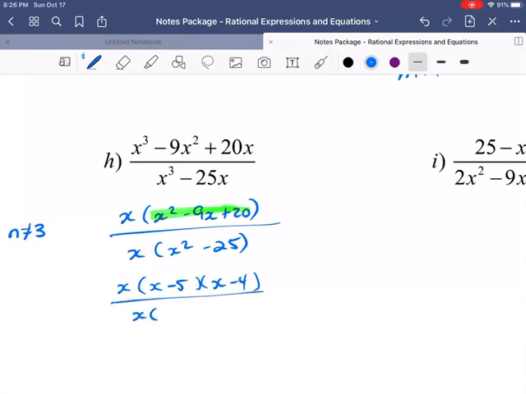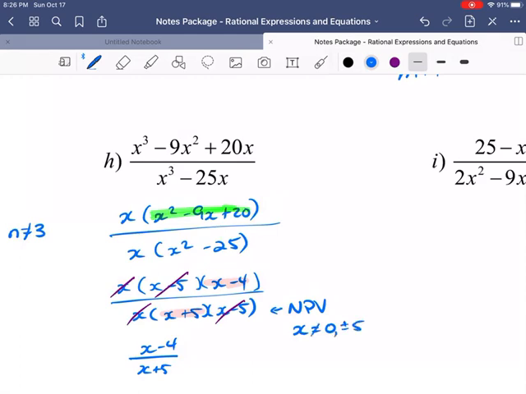And the denominator will go to x plus 5, x minus 5. All right, and what can we simplify? Well, the x's and the x minus 5. So you're left with this term over that term. And our non-permissible values, you would do at this stage, so x cannot equal 0. It cannot equal positive or negative 5.